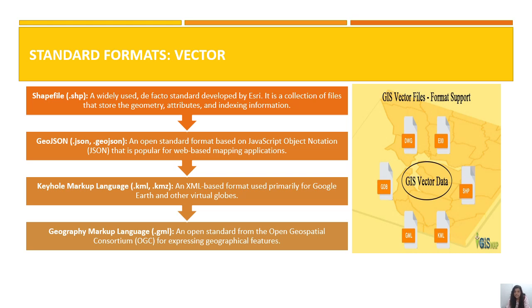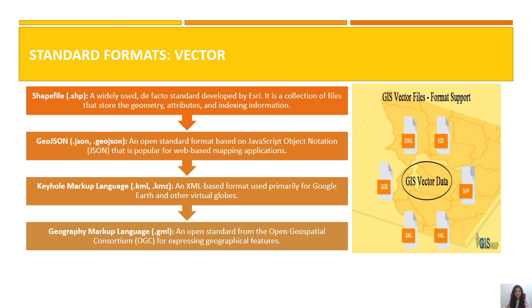It has .shx, .dbf, and is usually identified by the .shp file. Next, GeoJSON is a format using JavaScript Object Notation. It is very popular for web-based mapping, so vector data can also be saved in this format.